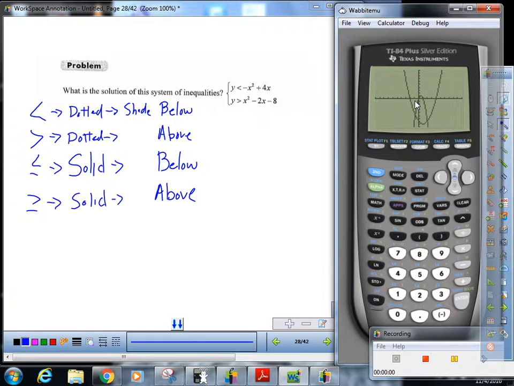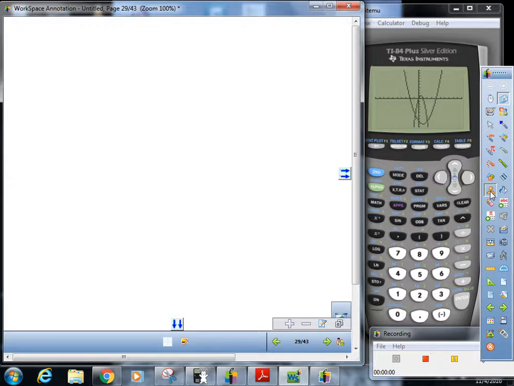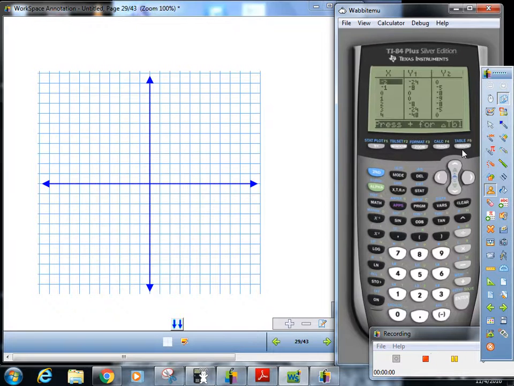Does that make sense? If you remember, and I'm going to get myself a new page here now, so I can put a graph on it. If you remember, it helps us to graph these by looking at the table. So, here's how you read this.